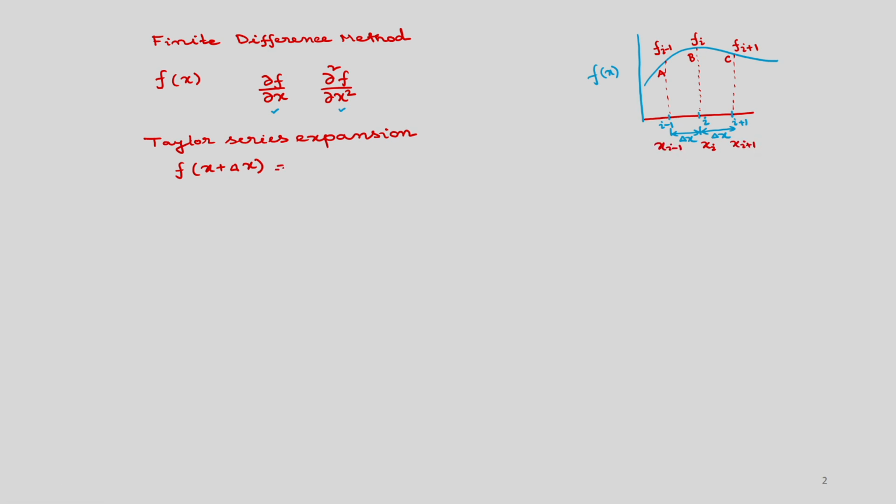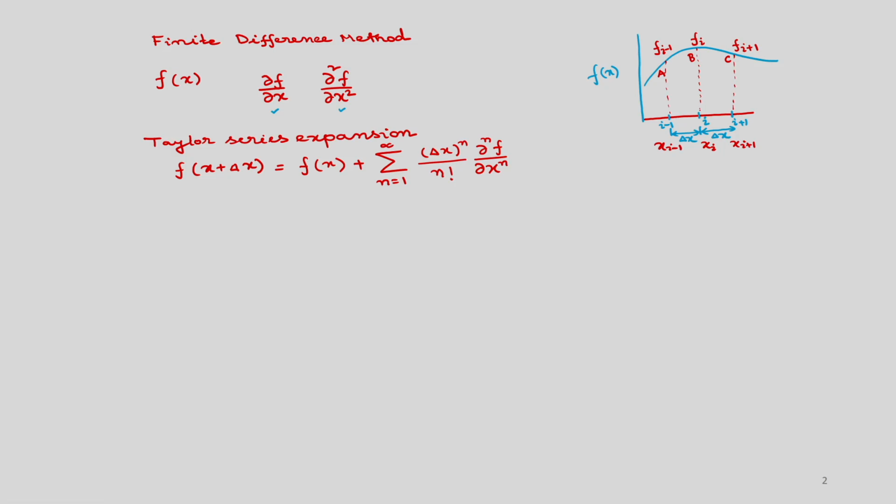So, you can write f x plus delta x as f x plus summation of n equal to 1 to infinity of delta x to the power n by factorial n, del n f by del x n.